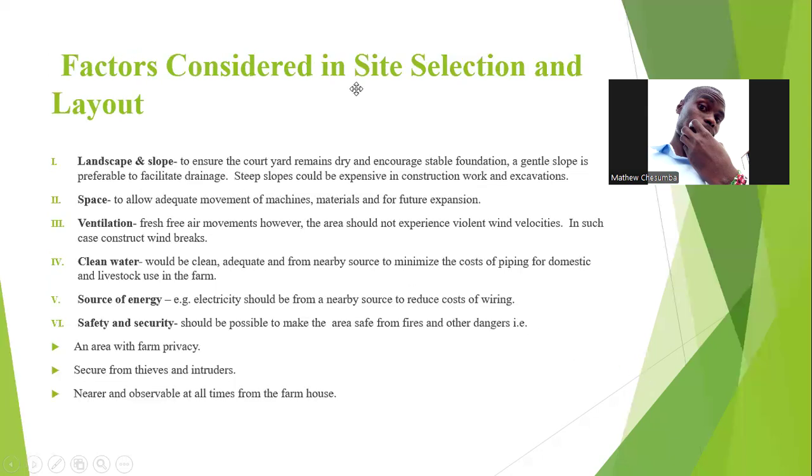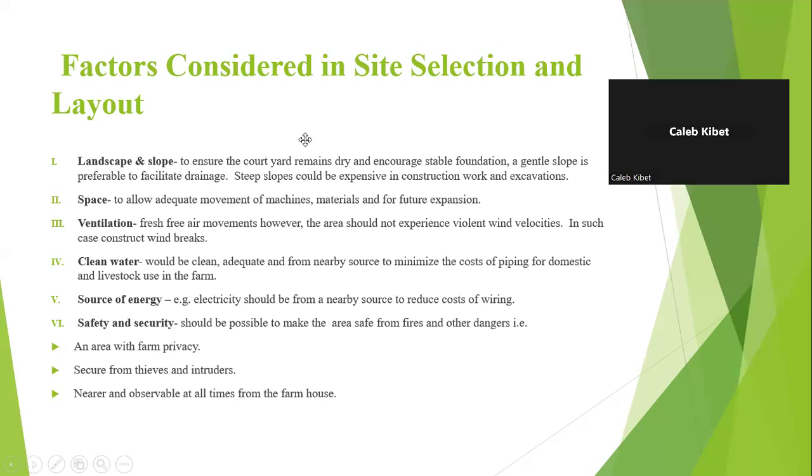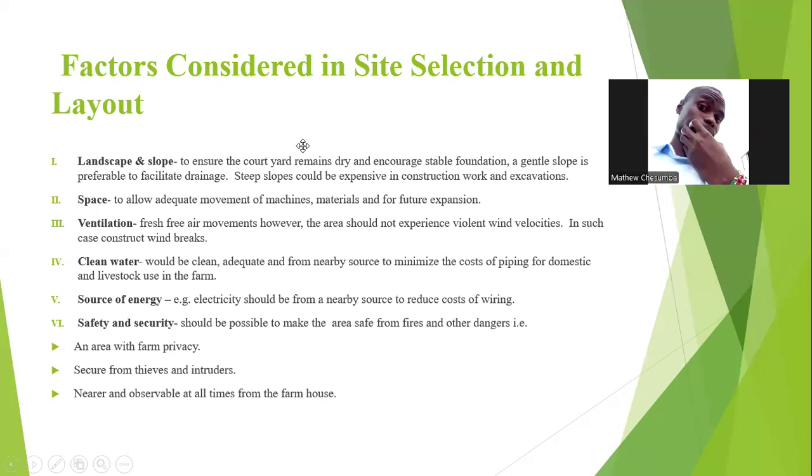So we have factors to consider in site selection and layout. What factors do you consider when you want to lay out a site for a farm structure? Yes, Caleb. Then Ruben. Landscape and slope.